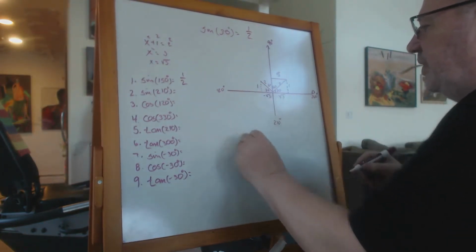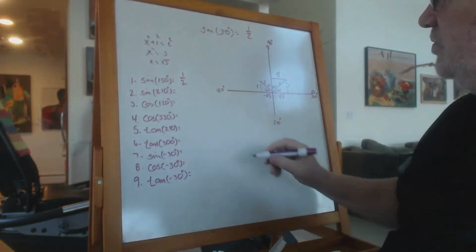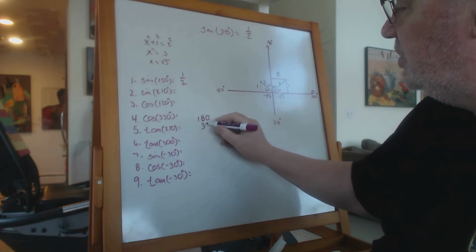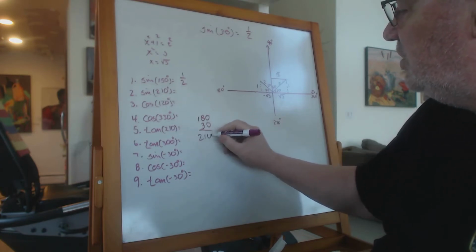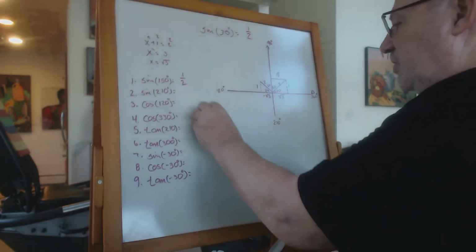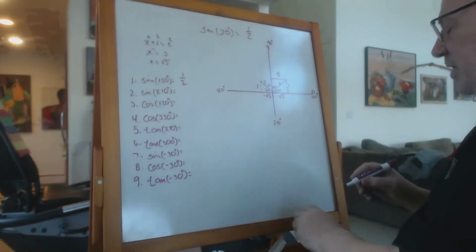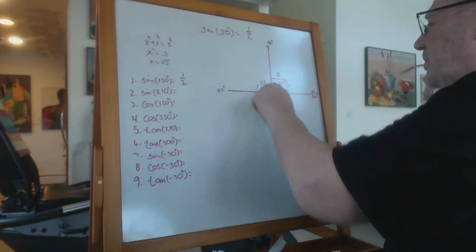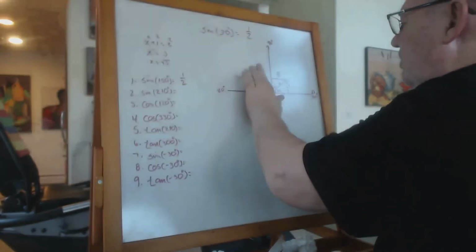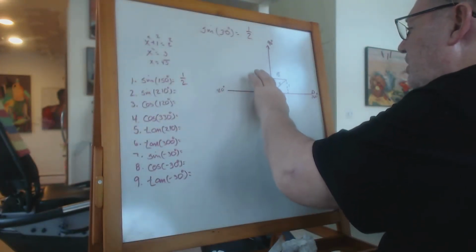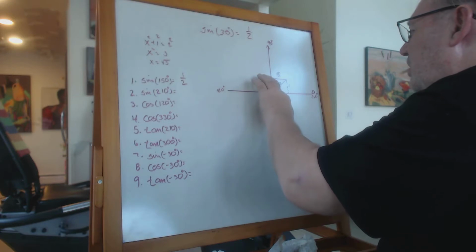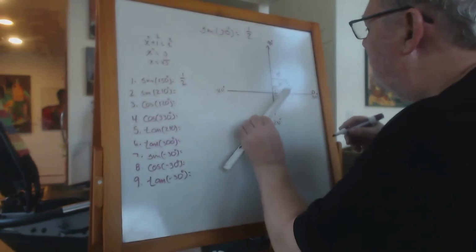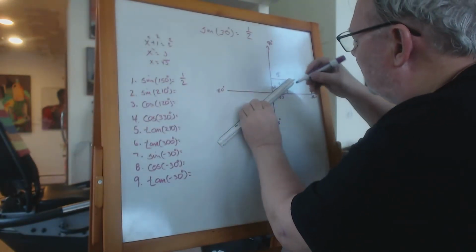Here we have sine of 210. So 180 plus 30 is 210. So 210 is 30 degrees below. It's this complementary angle here. Let's erase this. And that would be this angle.